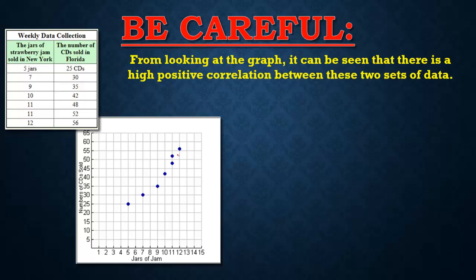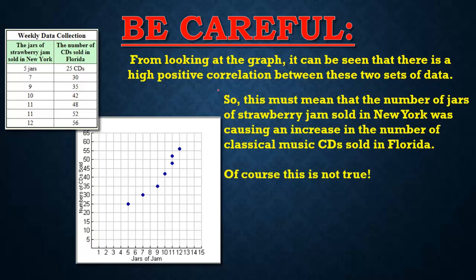All right, so if you look at the graph, you can see that there's a high positive correlation. These would be tightly around a line between the two sets of data. However, our two sets of data are the jars of strawberry jam sold in New York and the number of CDs sold in Florida. Does this mean that the number of jars of strawberry jam sold in New York was causing an increase in the number of classical music CDs sold in Florida?